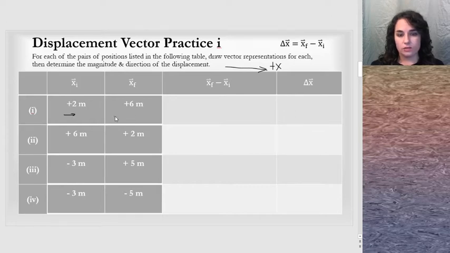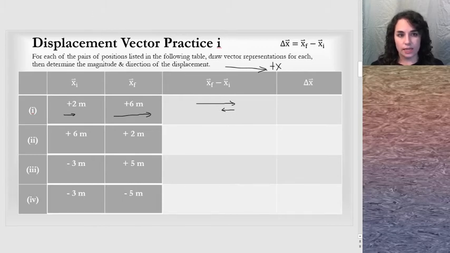If I have positive 6, I can draw a vector 3 times longer, so it's 6, right? And so what I'm going to do is take x final, which is the 6, and subtract off the 2, which means that if I subtract a positive 2, I'll point it in the other direction.